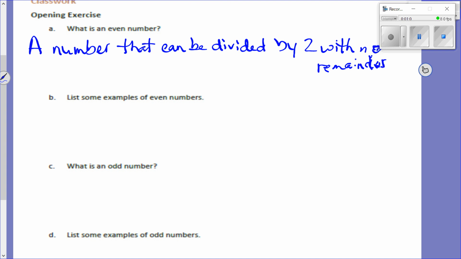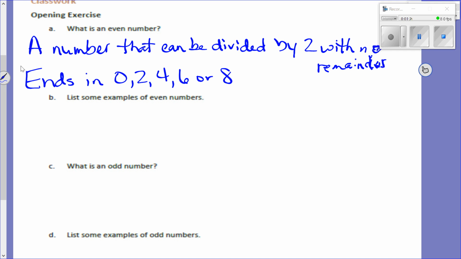Where? The last number. So it ends in 0, 2, 4, 6, or 8. So if I look at a number, and it doesn't matter what the number is, as long as that last digit is a 0, 2, 4, 6, or 8, I know that it is even, correct?